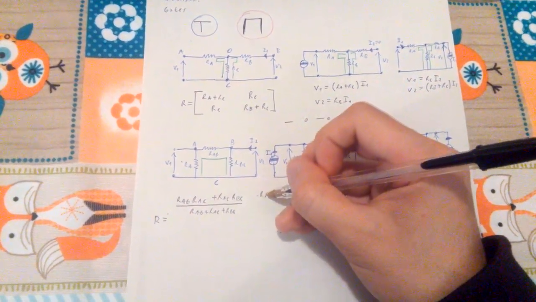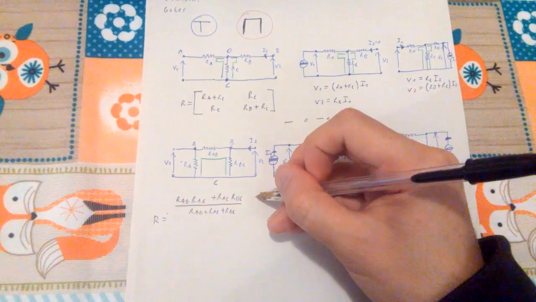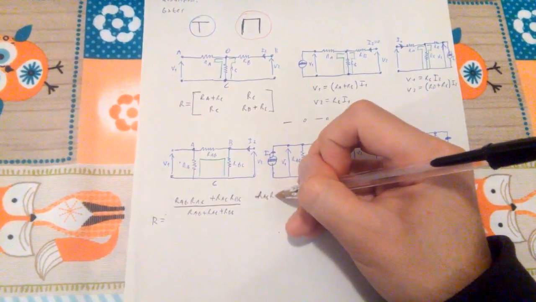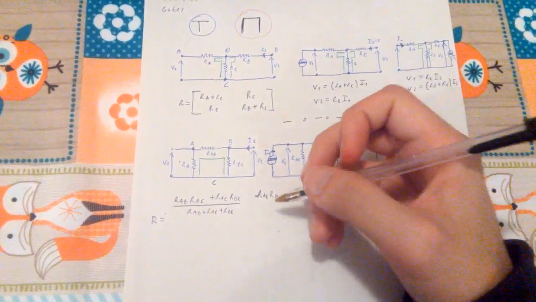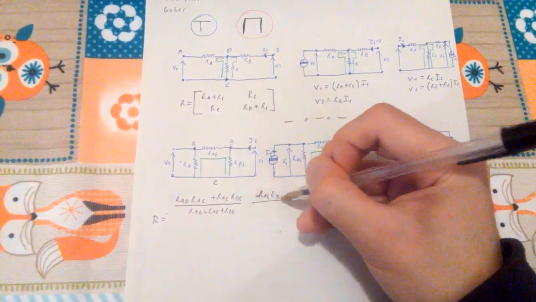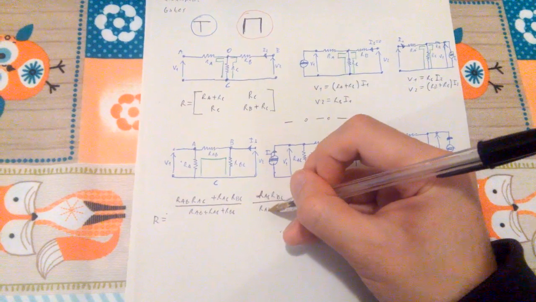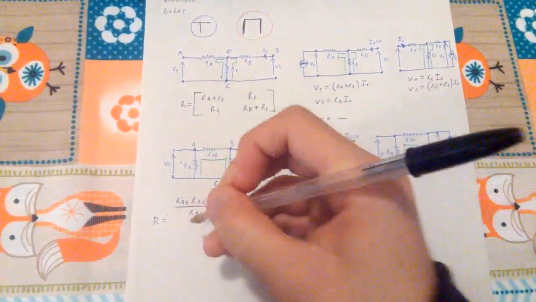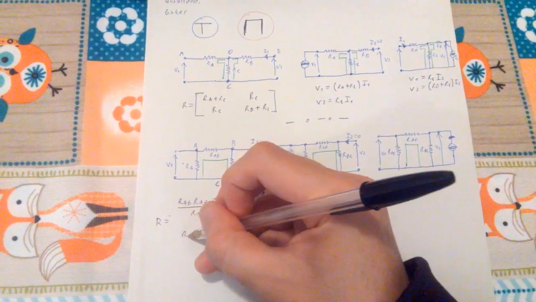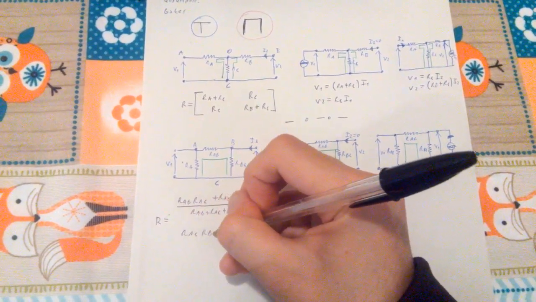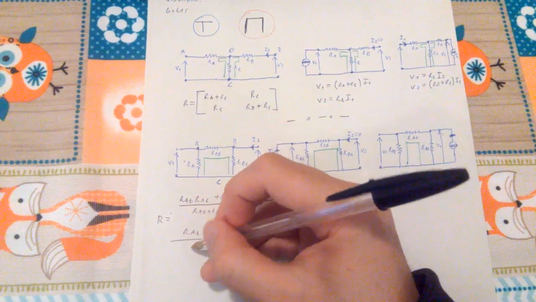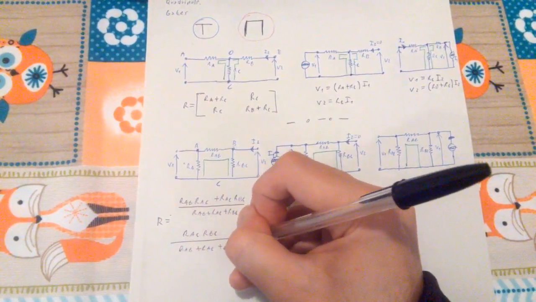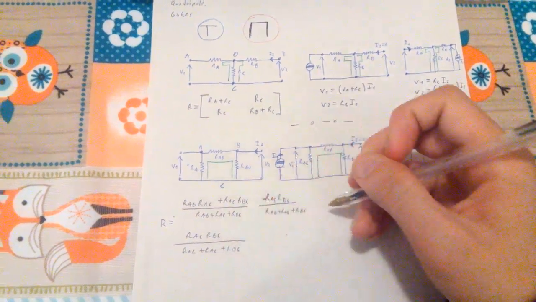And here we will have RAC, RBC, well, this is not a minus, it's just something. RAC, RBC over RAB plus RAC plus RBC. Down, we would have RAC, RBC, everything over RAB plus RAC plus RBC.